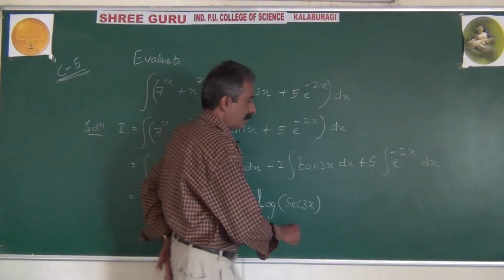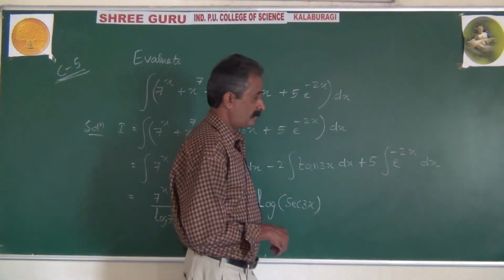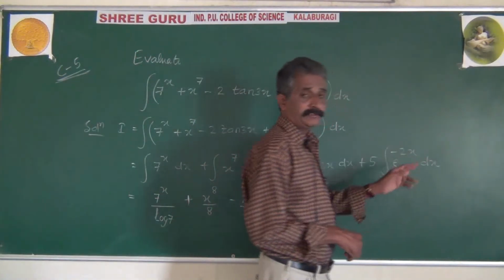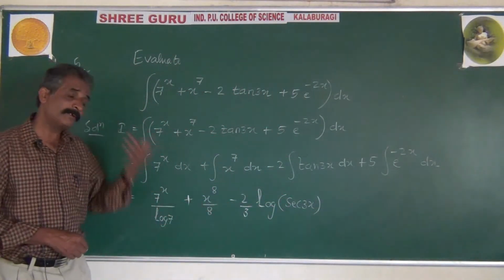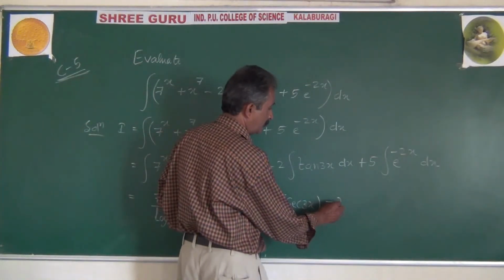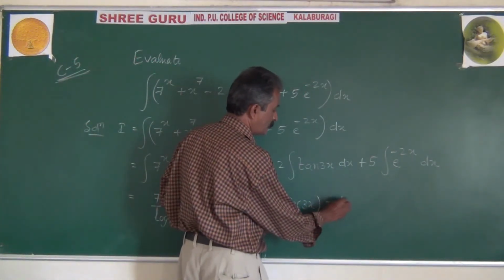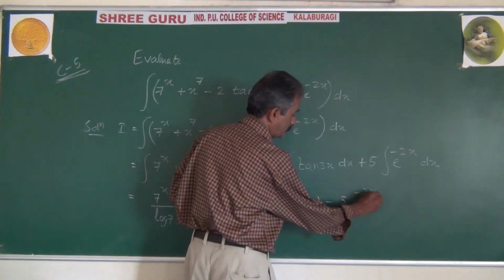Plus actually becomes minus with advanced thinking, because the integration of e to the power of minus 2x is e to the power of minus 2x divided by minus 2. That can be marked as minus 5 divided by 2 into e to the power of minus 2x plus constant.